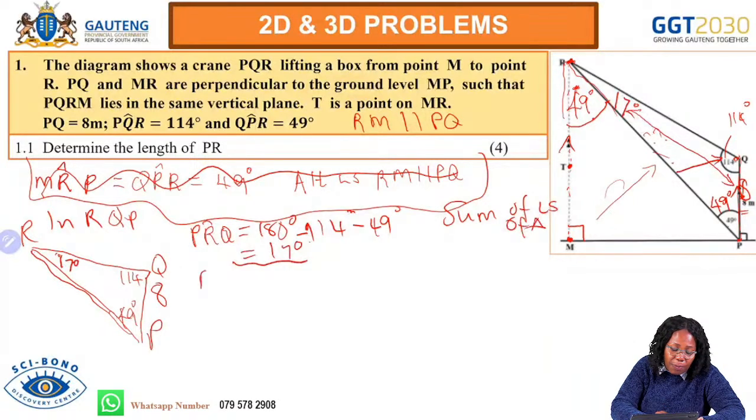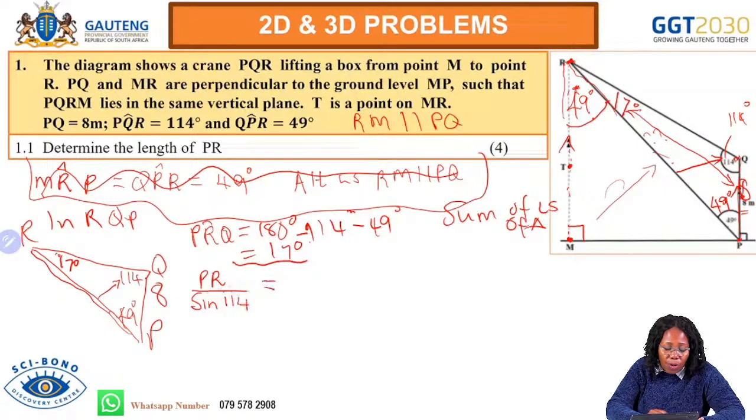We are looking for PR. PR is opposite which angle? 114, that means it will be PR over sine 114, equal to the other side that is having a value, side PQ, which is 8 meters. And then it is opposite which angle? 17, that will be over sine 17 degrees.